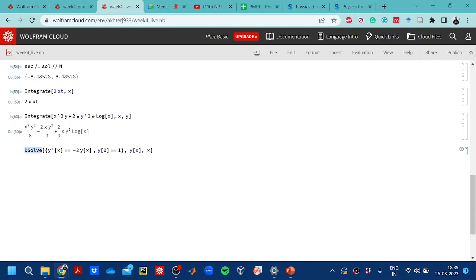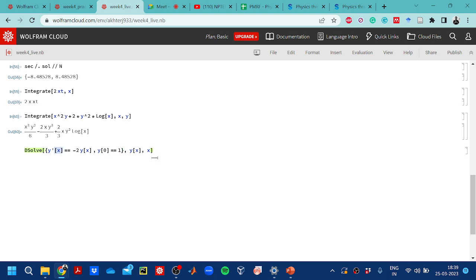In the third bracket, we write down the independent variable. You have to specify which is the independent variable, like y depends on which variable. Here y is the dependent variable and x is the independent variable.